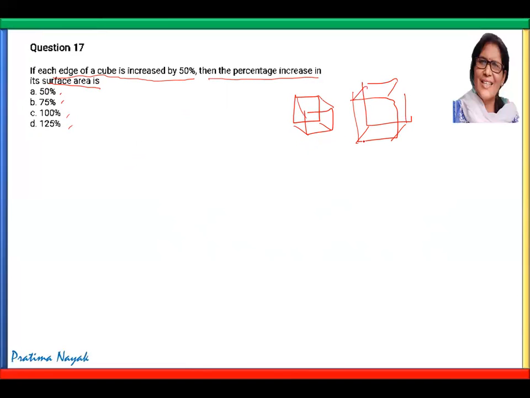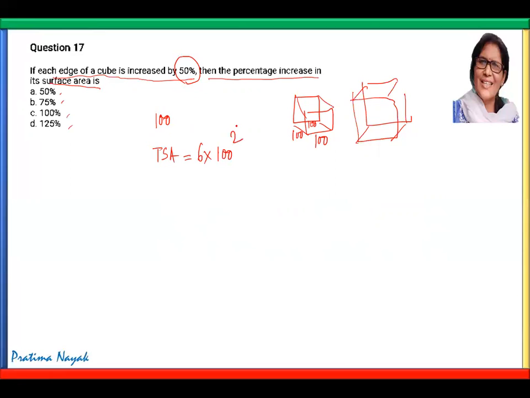So what will be the increase in surface area? When it is a question of percentage, let us take the side as 100. Then side a is 100, and the total surface area was 6 into 100 square.